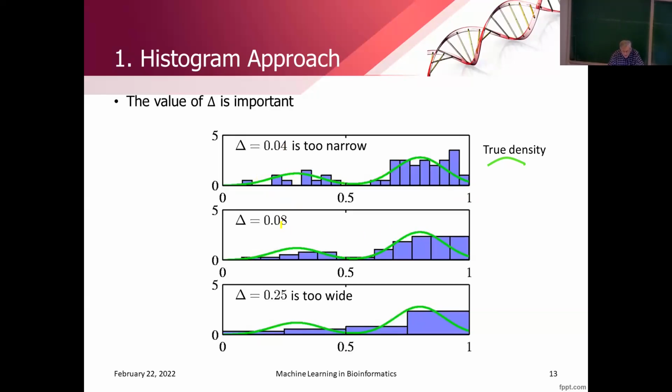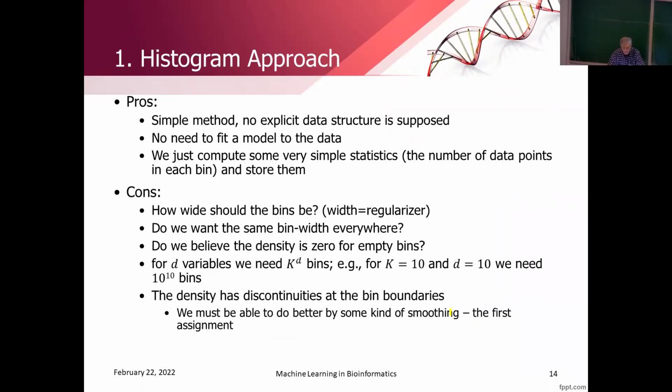For the value 800, we obtain something which is quite close, but not completely, to the true density. And if we use just 4 bins, it's too rough, and we obtain something which even resembles that the density is a growing function from left to right, which is not true. So this is one problem.